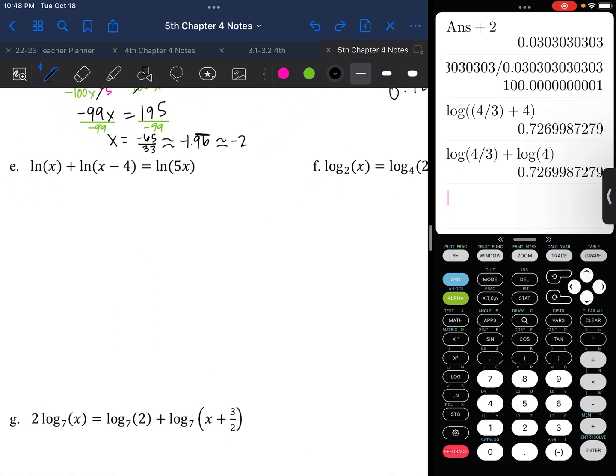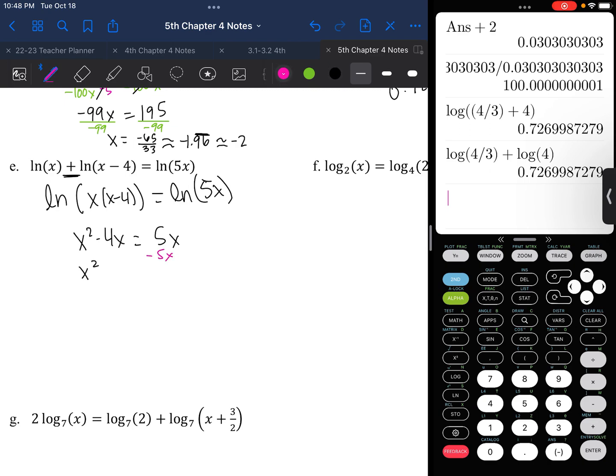Okay. So here we've got two natural logs adding each other. So we can say the natural log of x times x minus 4 equals the natural log of 5x. Again, that implies that x squared minus 4x has to be equal to 5x. Well, then that would be x squared.